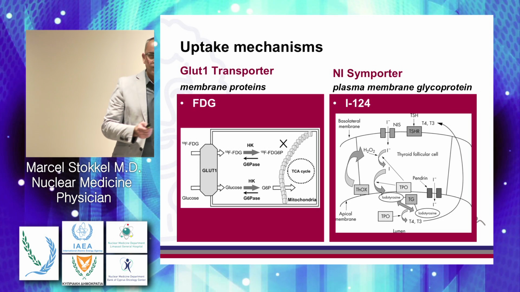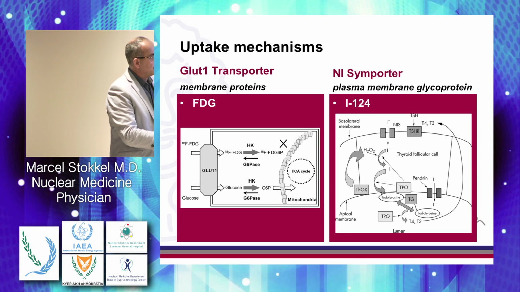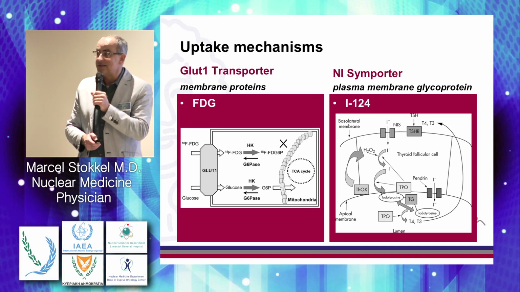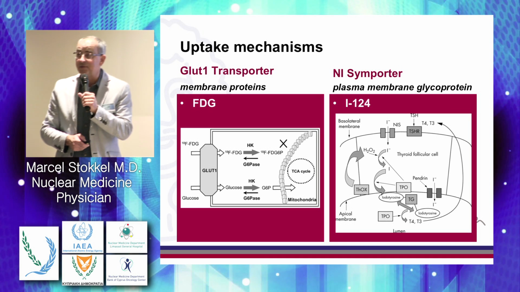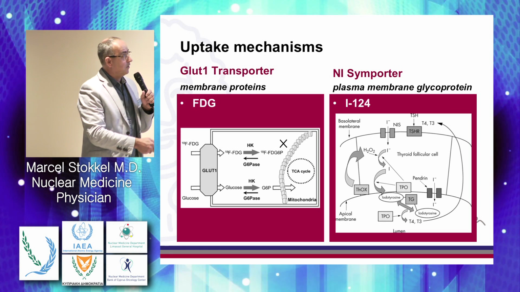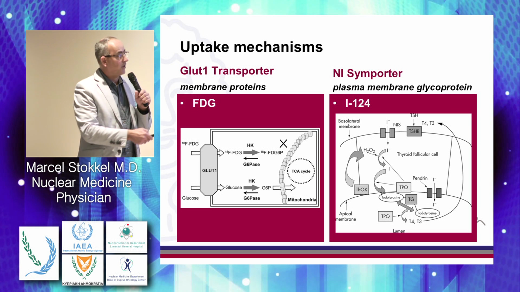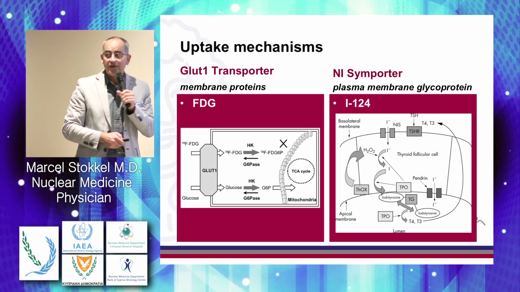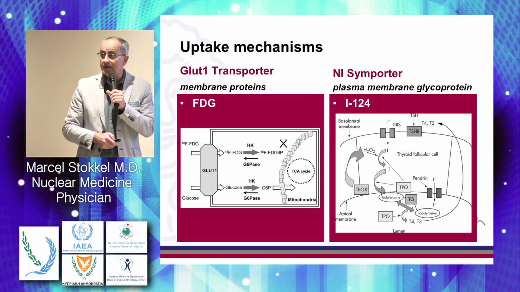Another important issue to realize is that when you stimulate a thyroid cell, it not only has effects on the sodium iodine symporter, but it definitely also has effects on the glucose metabolism. So the higher the TSH levels, the higher the iodine 124 uptake, but also the higher the FDG uptake will be.